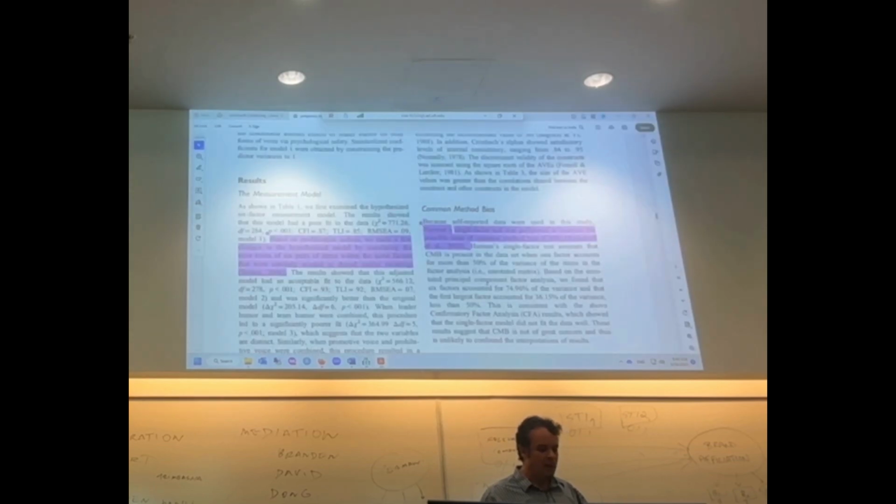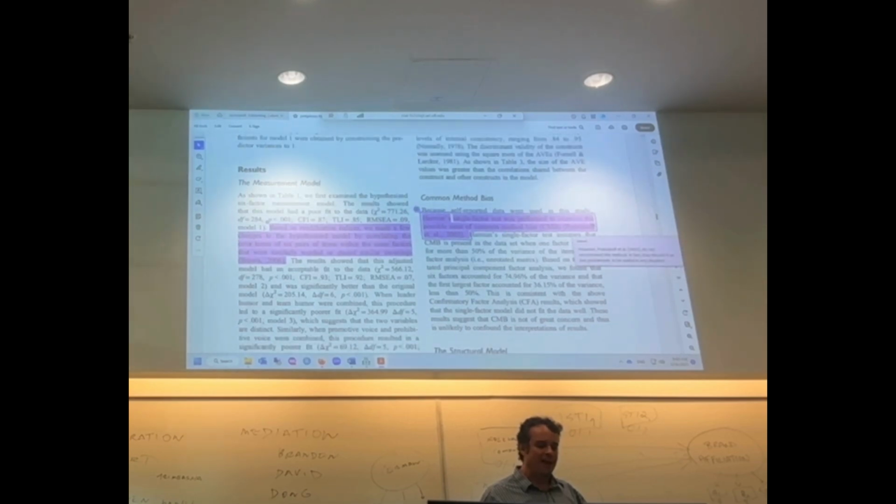Okay. And the other thing that they did is they cited Podsakoff here, and they used the method called the Harman single factor test. But if you read Podsakoff, they specifically say that method is the worst, it's terrible, and they abandon it in the paper.